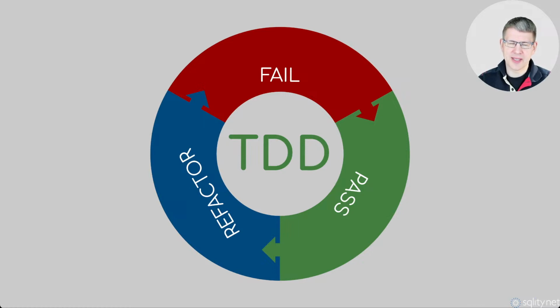The third phase in the TDD cycle is refactoring. Refactoring means looking at the code you have written and see if you can do some cleanup. Cleanup would be things like renaming a variable to make it more telling as to what it is holding.